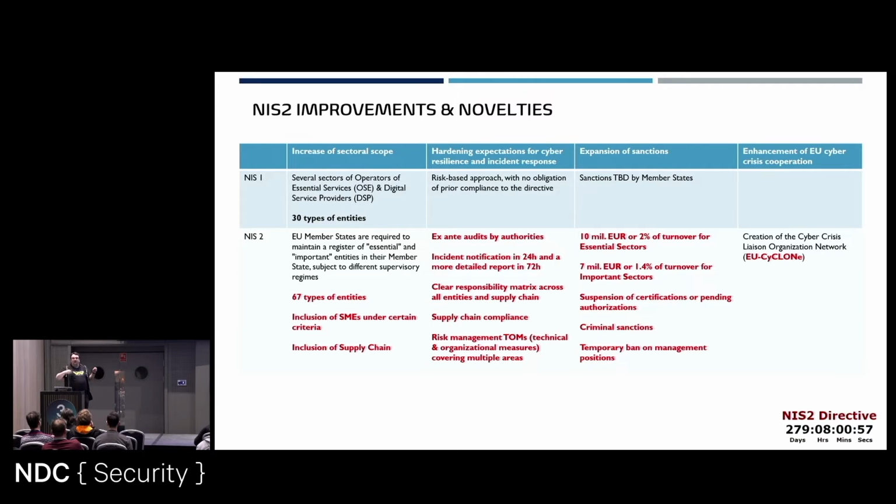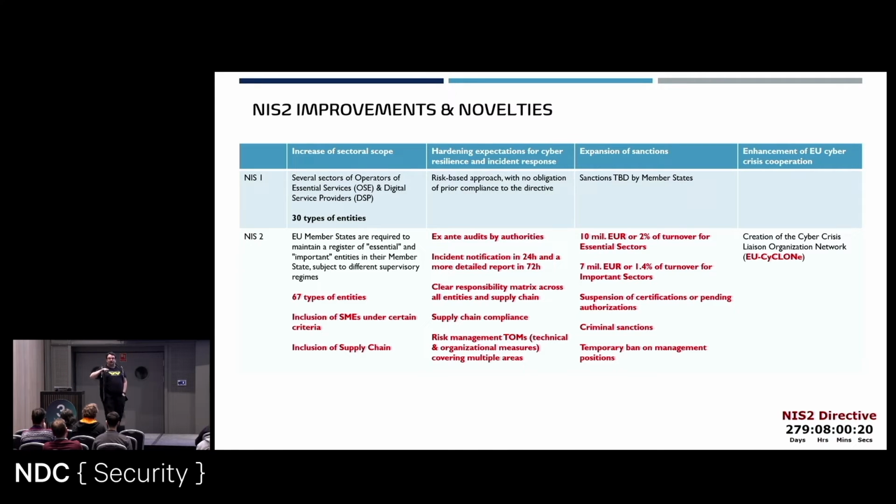And just to give an example, one of those cases where an SME, even if you're a company with like 5 people, if you handle, say, the DNS infrastructure, DNS resolution for a number of domains within your country, you are part of a supply chain, and you having any sort of issue might affect a lot of other websites and a lot of companies, so you will fall under NIS2, even though you don't meet the number of employees, the revenue, or other criteria of matching that, like big organization or critical organization.